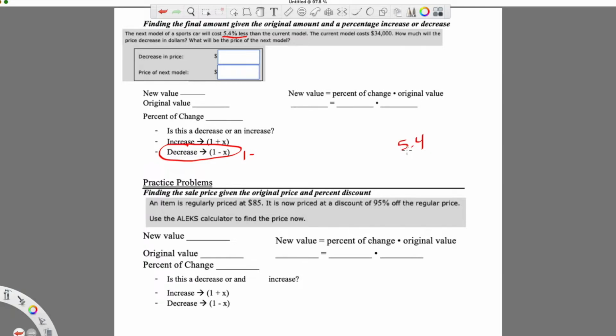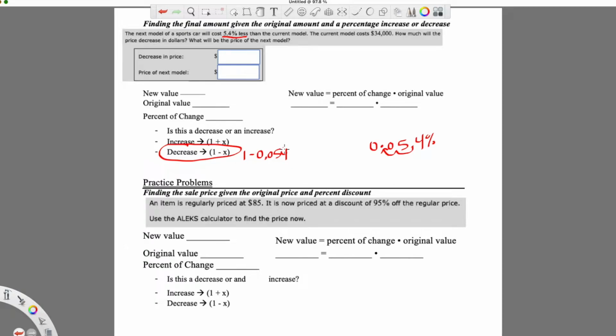You don't want to do this. That's 5.4%. We need to take this and turn it into a decimal by moving it 2 times. Here's my new decimal, and I fill these in with zeros. So it's going to be 0.054.